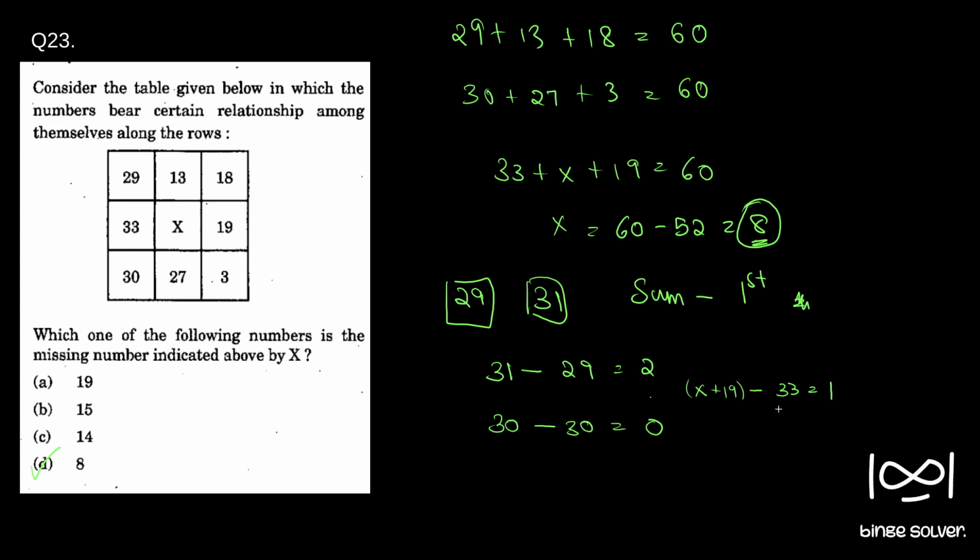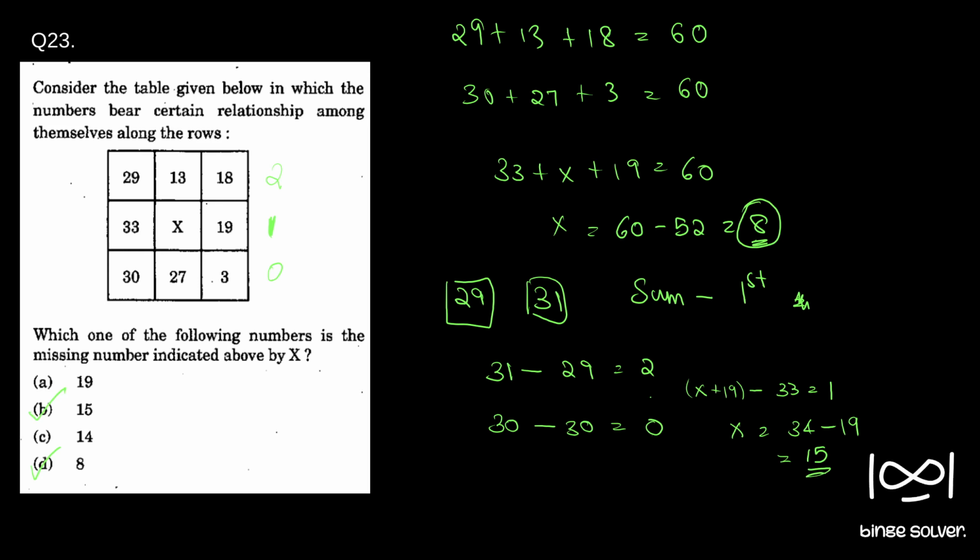So if you apply this relationship, adding two numbers then subtracting the first element, we get 2 here, 0 here, so it should be 1 here. If you use that logic, x is equal to 34 minus 19, which is 15. So we get 15 as the answer. That is B. So if you use that logic, you get B as the answer.